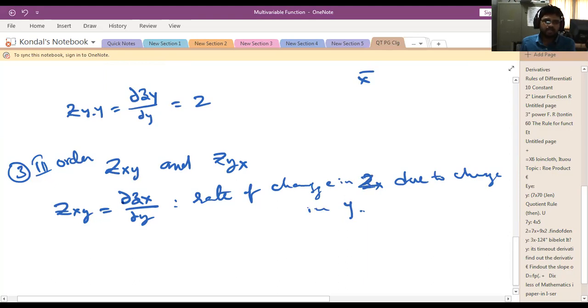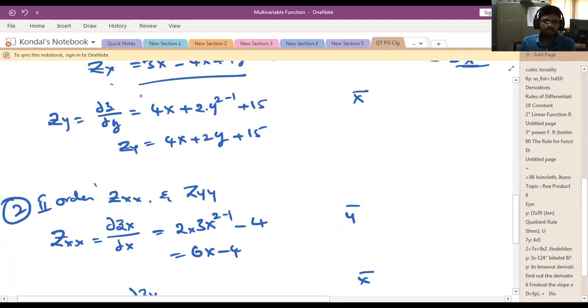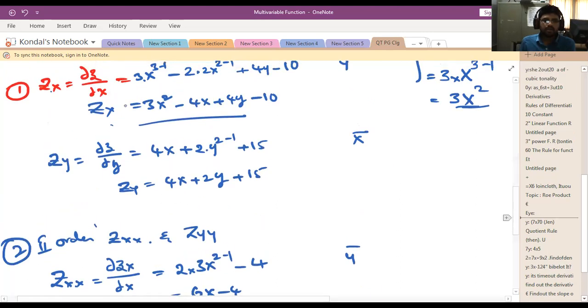So we will consider zx only here, whatever we did in the first order. So the third order should be done from the first order, not zxx. So for the rate of change in zx, we need to look at the zx value. How much is there? Here 3x square minus 4x plus 4y.